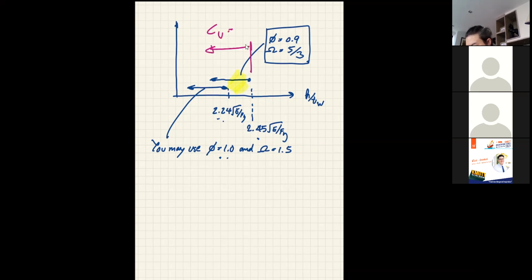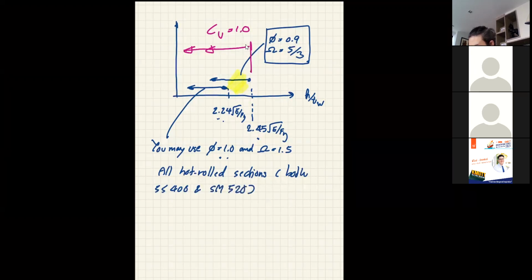Here, CV is equal to 1 for all. And I can say that all the hot roll sections, both SS400 and SM520, have the h over tw less than 2.45 square root E over Fy.